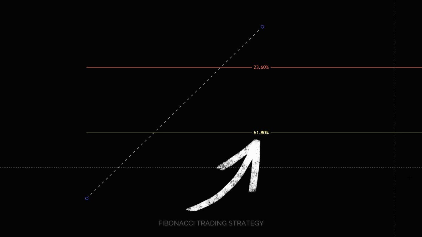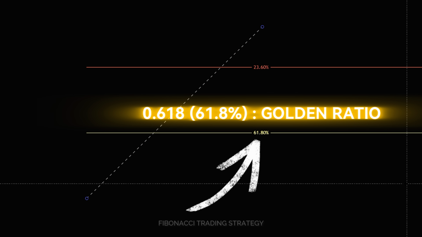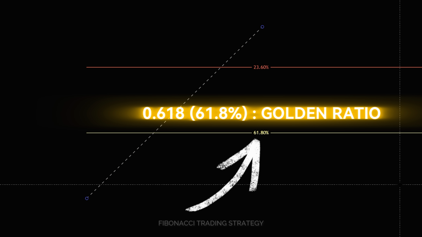The 0.618 level is commonly known as the golden ratio. It's the most important level in this setup.